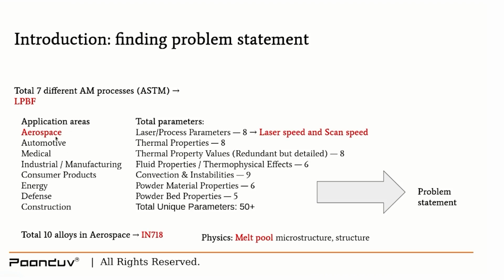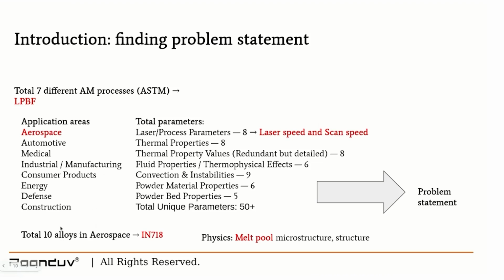We will deal with aerospace. Further, in LPBF itself, there are many parameters like laser parameters, thermal properties, fluid properties, convection, and powder material properties. There are a total of 50 plus parameters that we can study. Out of those, in this session, we will deal with the laser power and scan speed.